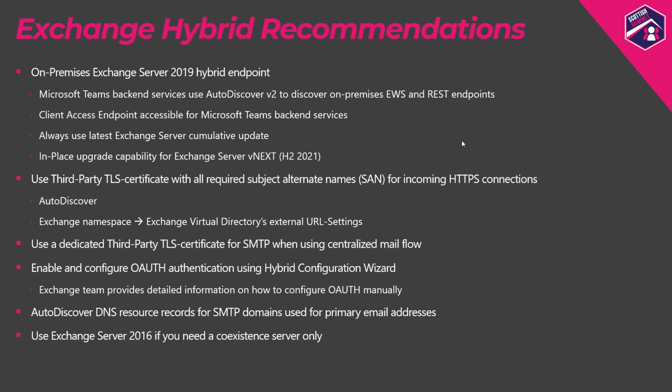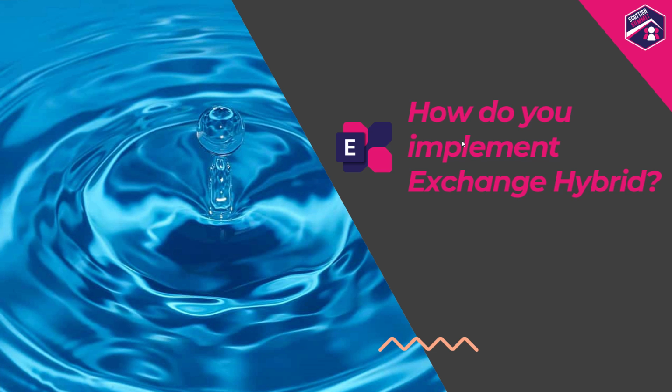But you will get a license at no charge, as part of your Office 365 agreement. Remember, Exchange Server 2019 always needs a license, and Exchange Server 2016 is the last version where you get a license at no cost.